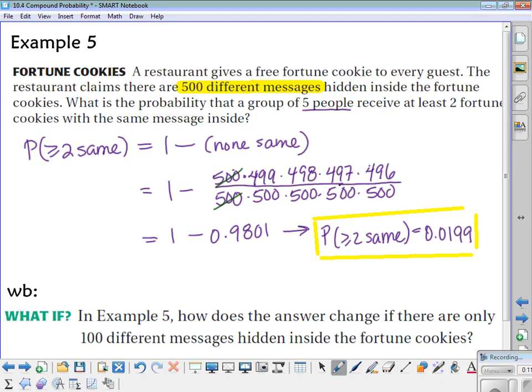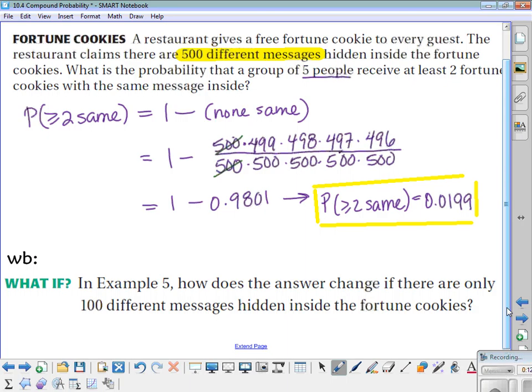Now, suppose that there are only 100 different messages. Now I want you to figure out what the probability would be if there were at least 2 the same, if there were only 100 different messages. There's still 5 people, yes.